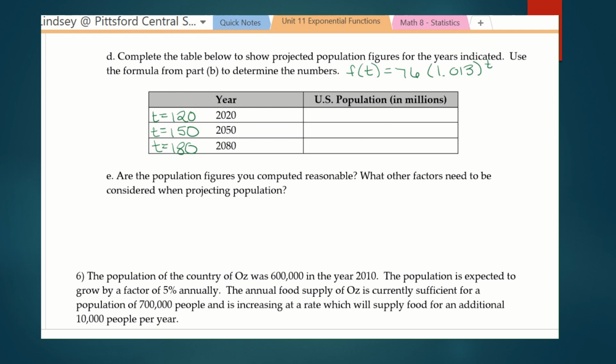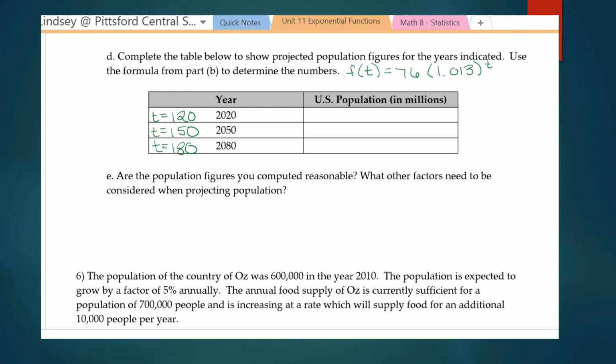So these are the t values that we're going to be plugging into this function to help us predict the US population in millions for these particular years. And we're going to round to 4 decimal places once again, just to get a pretty accurate view of what we're predicting the population is going to be based on that function.